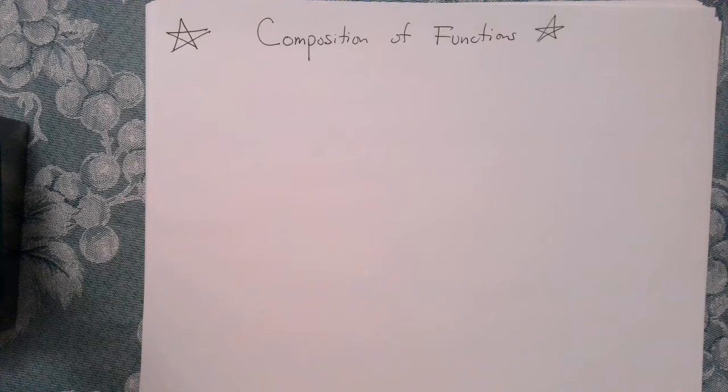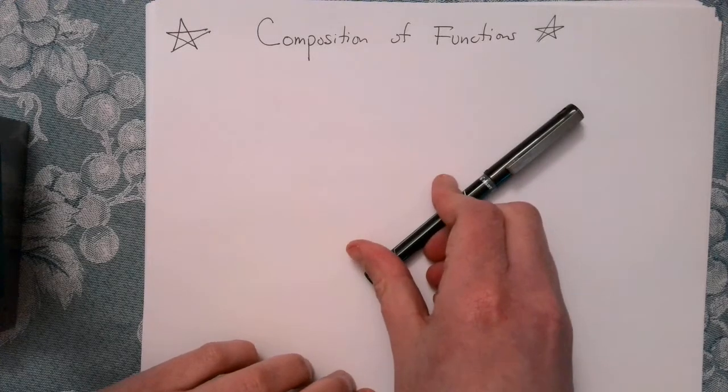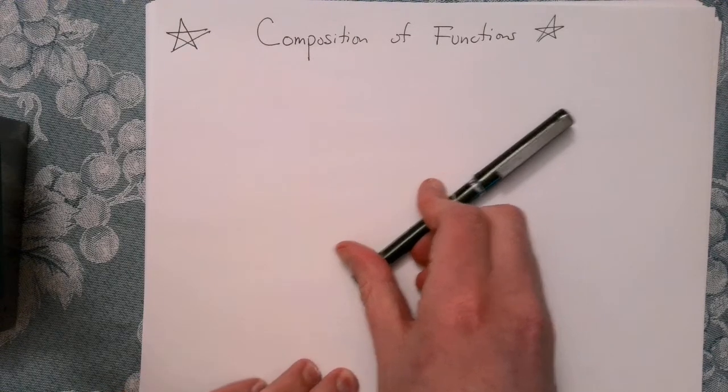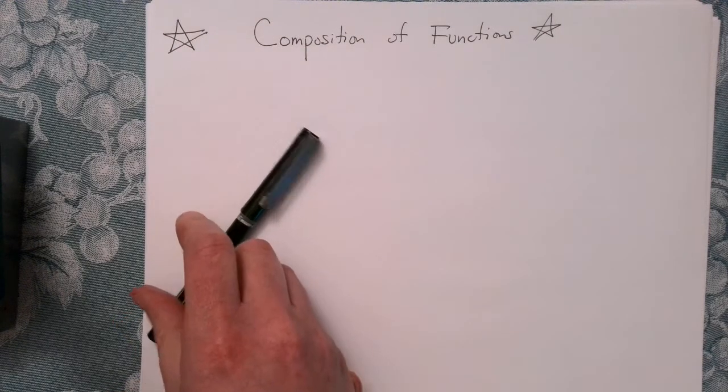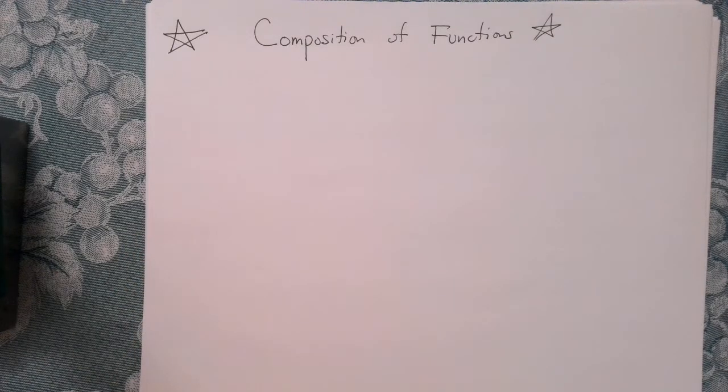If you do a reflection and then a dilation, and then maybe a translation, that's a composition of functions, a function after a function after a function. So if I take my pen, and I rotate it and then translate it, that's a composition of functions.